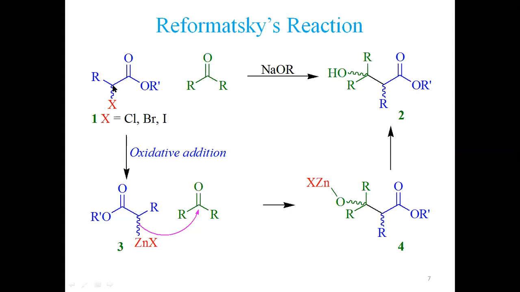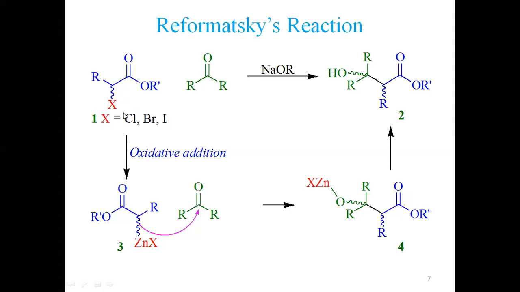You see, this bond is between carbon and halogen. But if zinc inserts in between these two, we are getting this carbon bonded with zinc and zinc bonded with X. This is called insertion. But this insertion or this addition is called oxidative addition. Addition no doubt takes place between the carbon X bond, but it causes an oxidation.